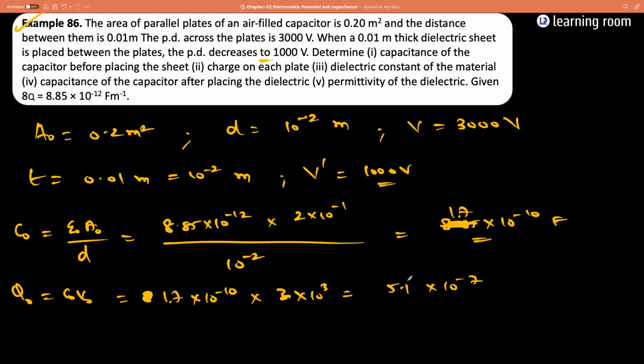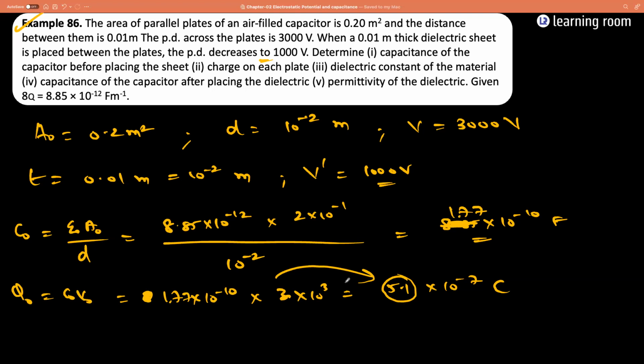So it'll be 5.1 into 10 power minus 7. And sir, it's actually 1.77, so shouldn't it be approximately 1.8? Okay, I didn't calculate it, I just looked at the exponent. So that will give you a value, those many times 10 power minus 7 coulomb.